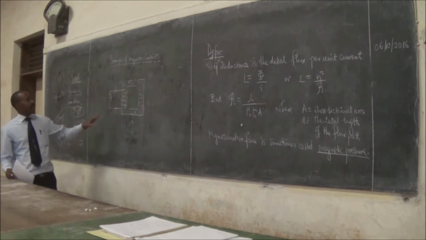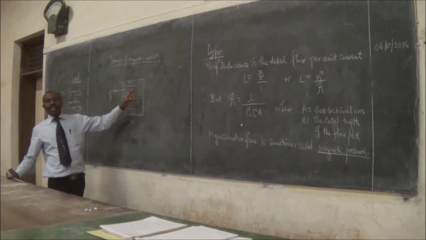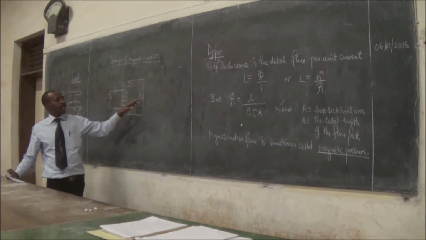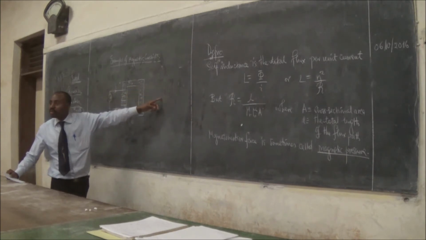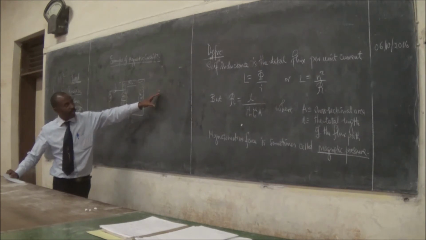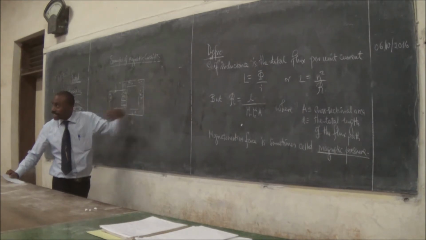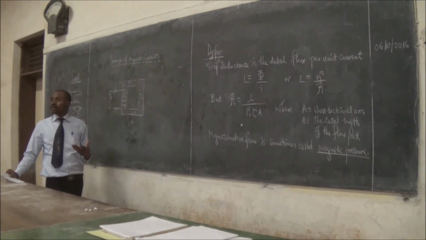This is when we have a complete path. If we connected our secondary windings here, we would be able to get a current; if we had a galvanometer here, we would be able to register some current or some voltage.